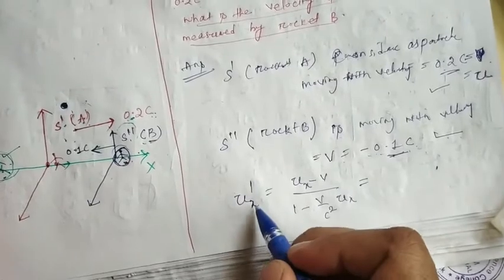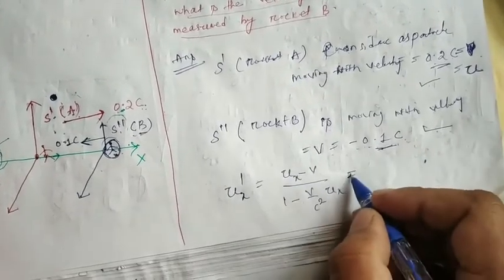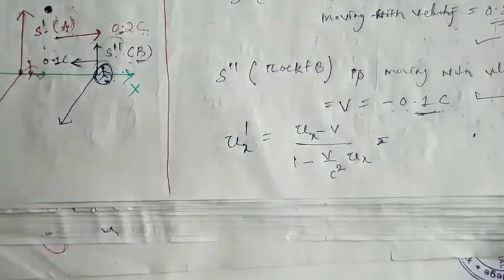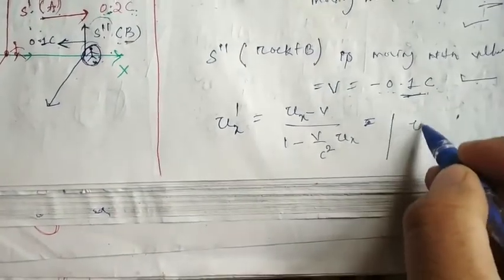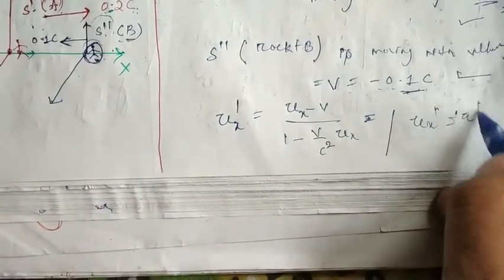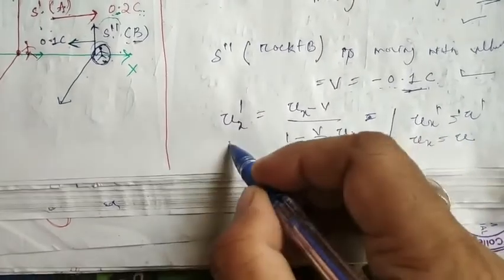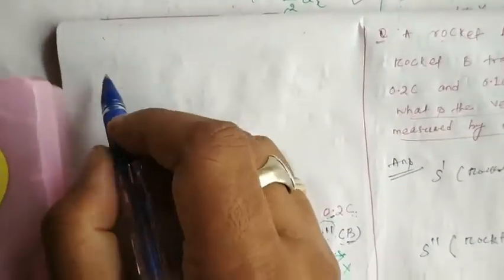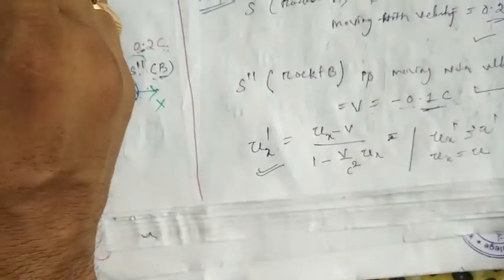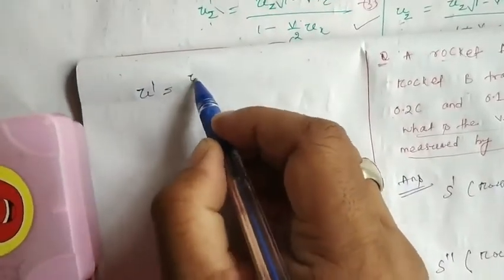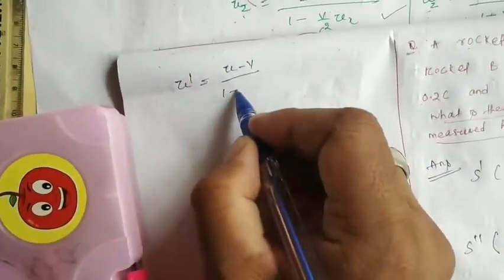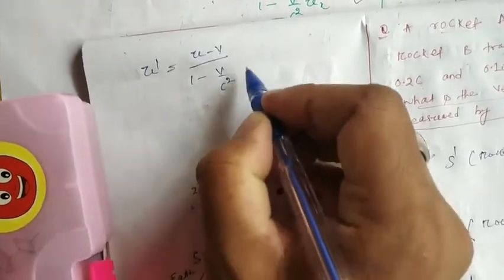So let's consider ux dash equal to u dash and ux equal to u. Then this will be modified as u dash equal to how much? (u minus v) divided by (1 minus v u by c square).